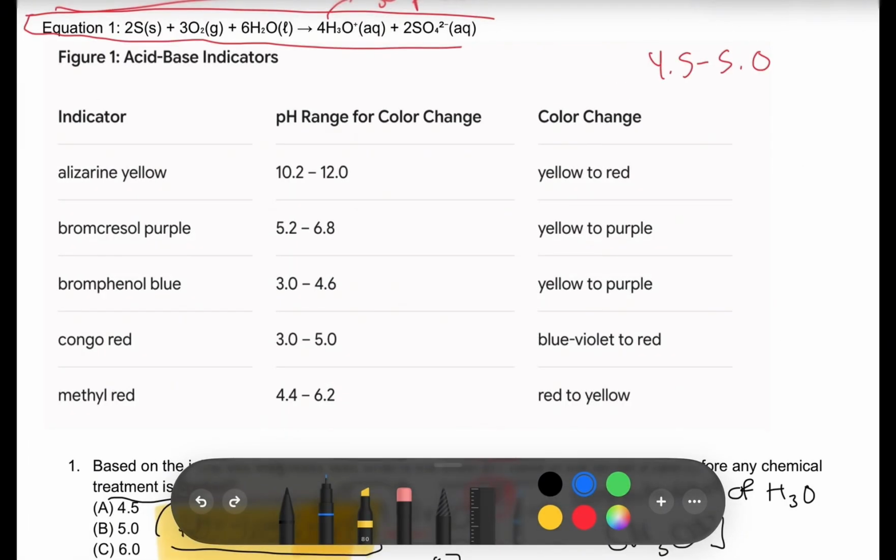Before we start comparing these options, a quick tip for these types of questions is that you want to look for an indicator whose range is just below the target pH and one indicator whose range is just above the pH. So we want something that's above and below, somewhere between there, because that way we have a range that's going to help us narrow down the actual pH range that we want.